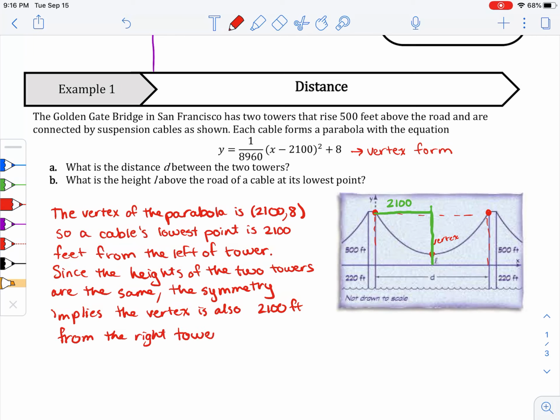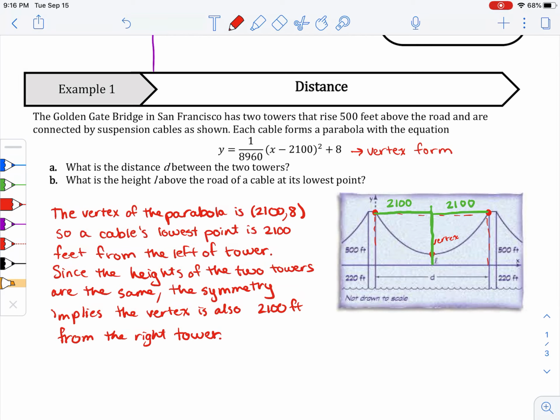And this is actually what our axis of symmetry tells us as well. Our axis of symmetry tells us that this distance is split in half. So the vertex will give us one of those halves, and then we can just add them up to get our total. So 2,100 plus 2,100 would be 4,200 feet.